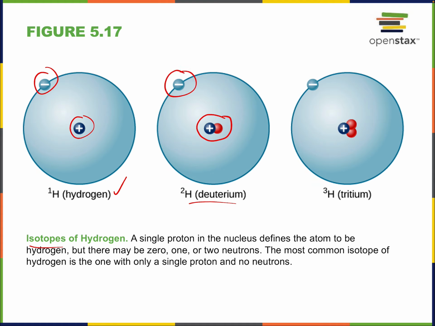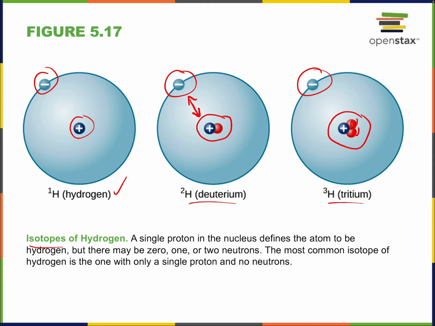You even have something called tritium, which is incredibly rare, that has 2 neutrons and a single proton, and still a single electron. Notice that the electron's always single, even with the extra neutrons. That's because the electron balances out the proton in terms of charge. It doesn't care about how many neutrons there are because neutrons are neutral. They don't have charge, okay?